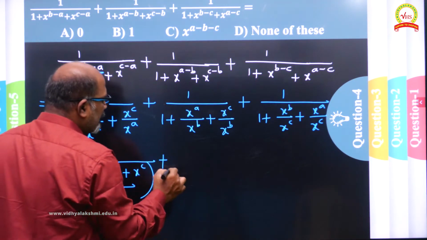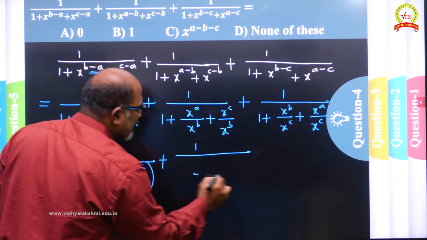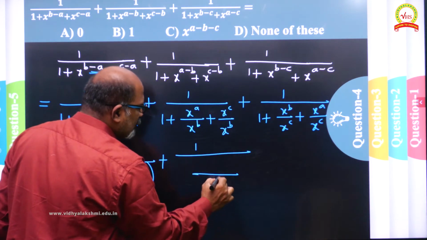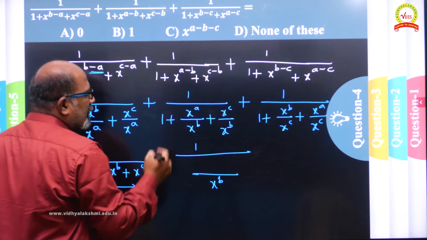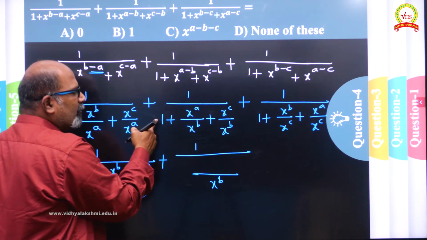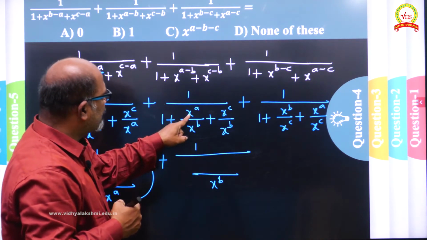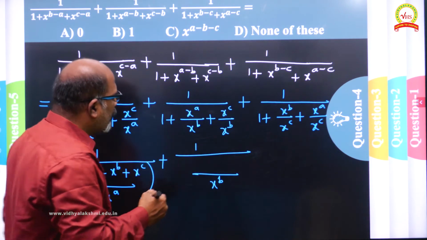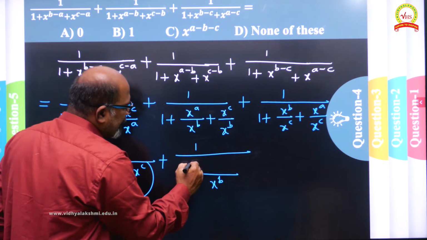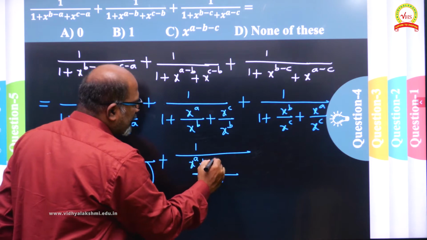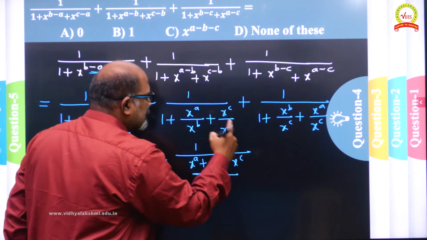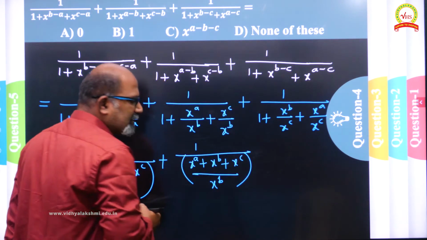In the same way, here also we will be taking the common denominator x to the power of b. So what you will have here, x power b, but already here x power a. So in an order I want to write this as x power a plus x power b plus x power c. Okay, so that's it.